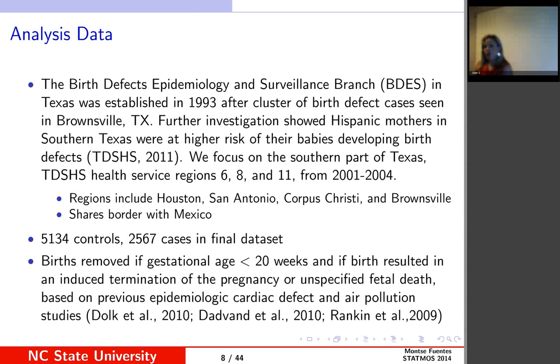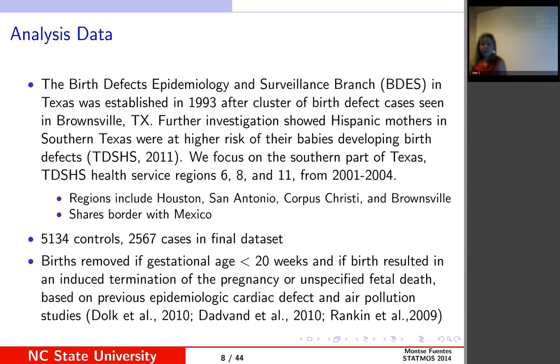The reason why we are focusing on the state of Texas is because there is a cluster of birth defects in the southern part of Texas that is not very well understood. Due to that, a birth defects epidemiology and surveillance branch was established in Texas to gain a better understanding of why we were observing this clustering of these unfortunate birth outcomes in the southern part of Texas, primarily in the Brownsville area.